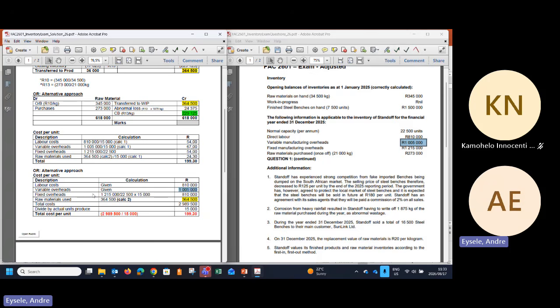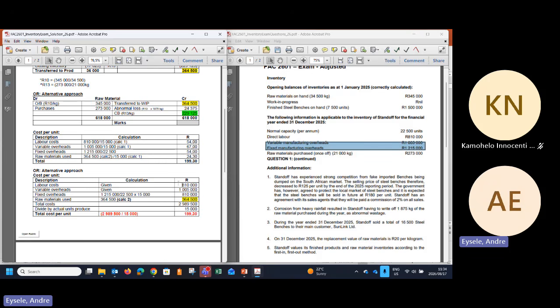Then you've got your fixed production overheads. We indicated to you the allocation rate: 1215 divided by 22,500 times 15,000. That's the allocation rate. It's 810,000 for fixed overheads. Then your raw materials.